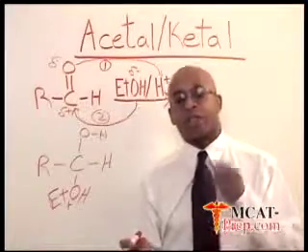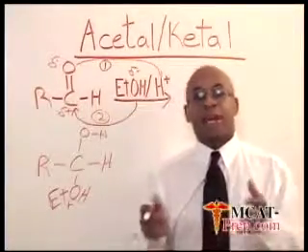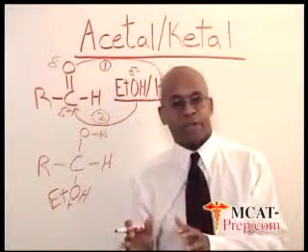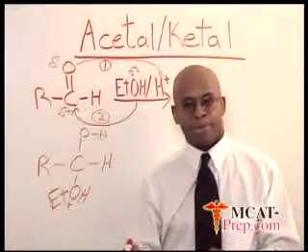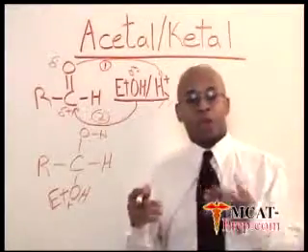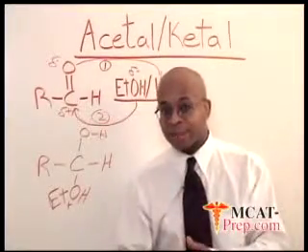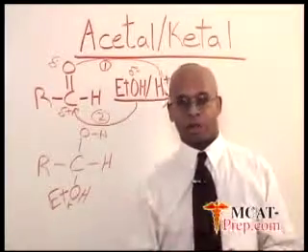If oxygen has 2 bonds to itself, example H2O, then the oxygen is neutral. Indeed, it has a partial negative charge, but it has no formal charge because water is neutral. And then when you imagine 3 bonds to oxygen, H3O plus, then the oxygen has a positive charge because it gave up its lone pair of electrons.